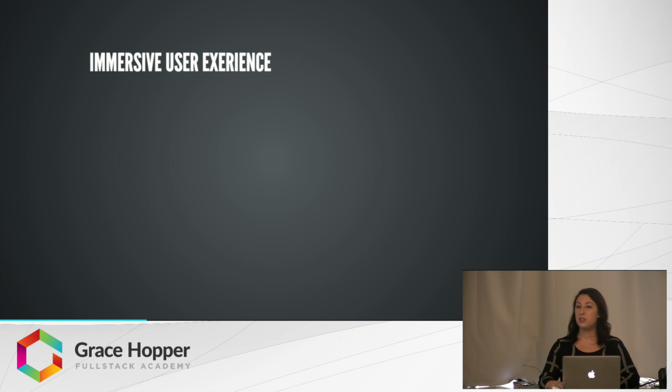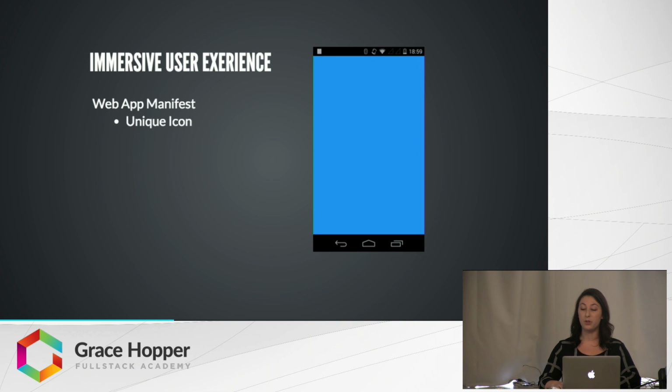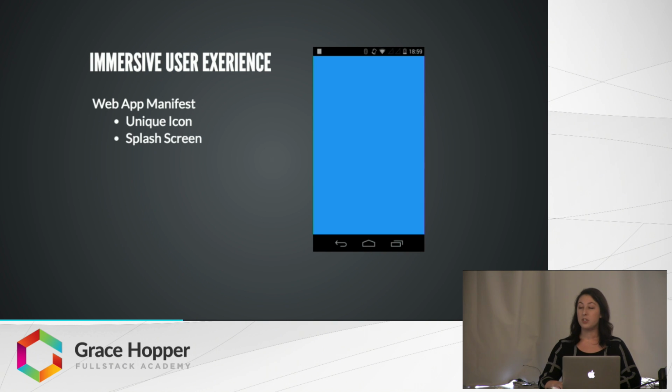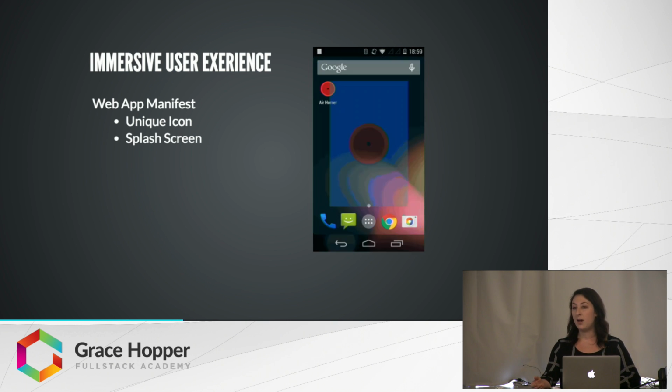So one of the key features of a progressive web app that makes it so interesting to use is the fact that it provides an immersive user experience. To do that, it uses the web app manifest. In the web app manifest, it stores data about the unique icon that would be stored on your home screen. It also stores the data for your splash screen that the user would see on your app's load.